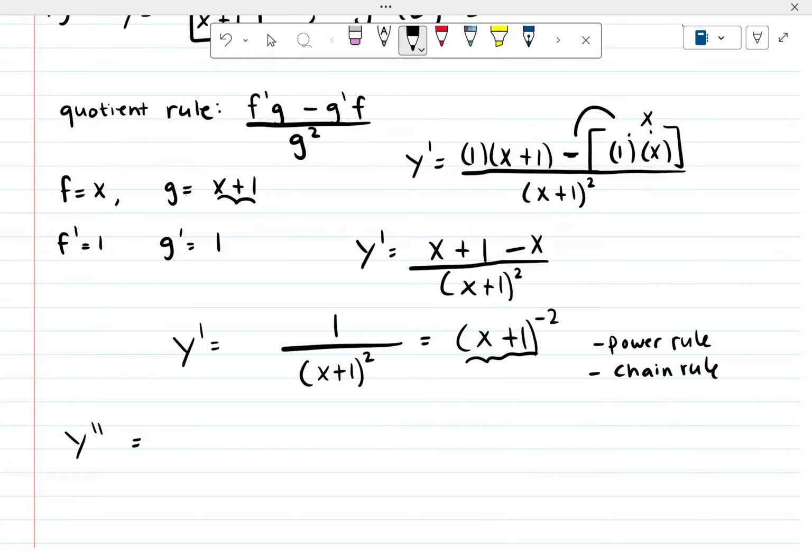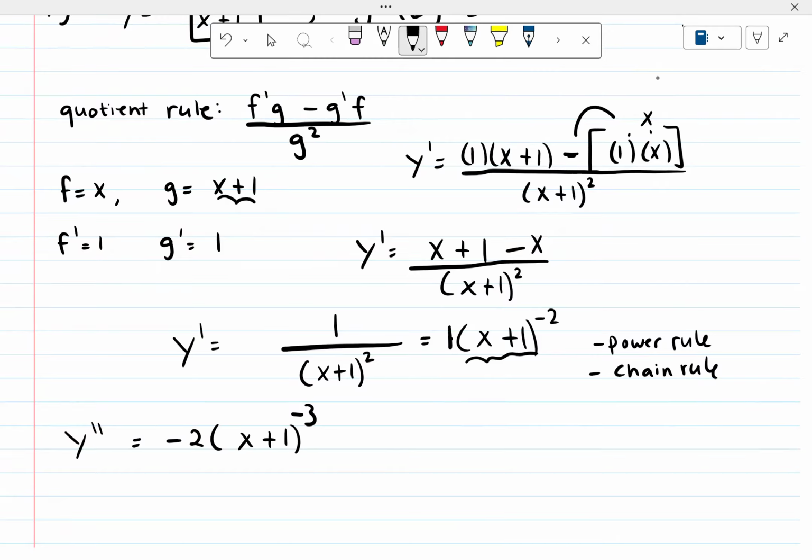So let's do that. Start with the power rule. This has an invisible 1. So what's 1 times negative 2? Negative 2. Leave the outer parentheses alone, and then it's going to be the power minus 1. So negative 2 minus 1 is negative 3.